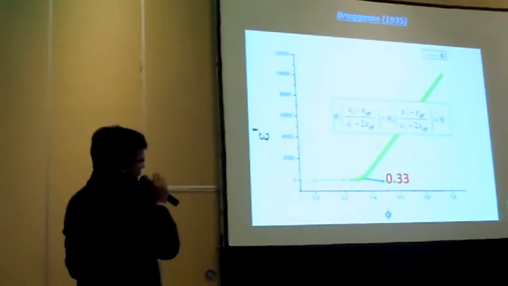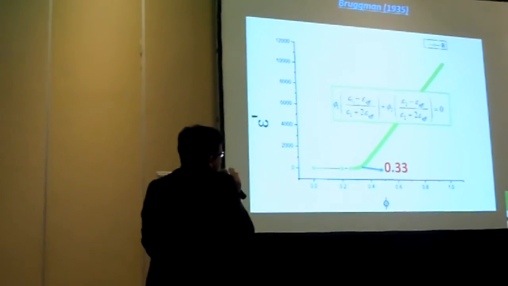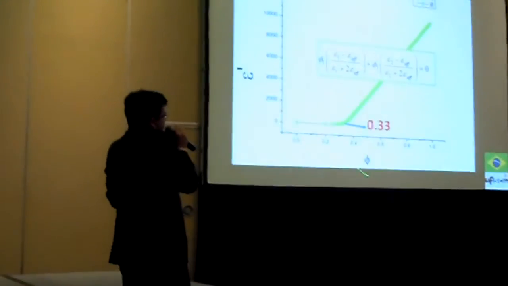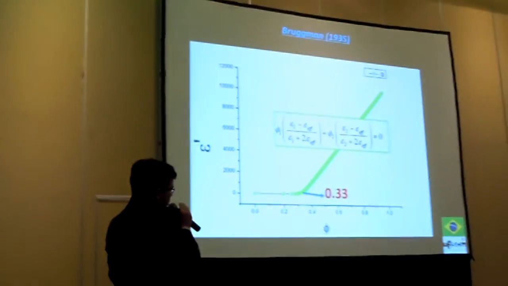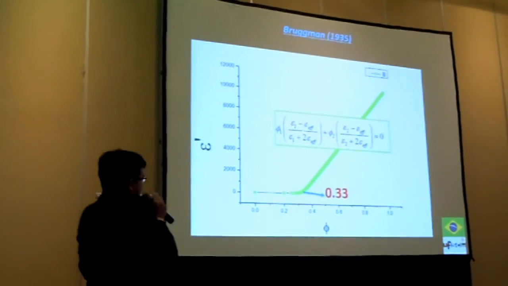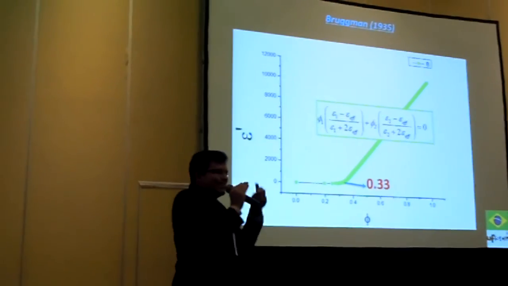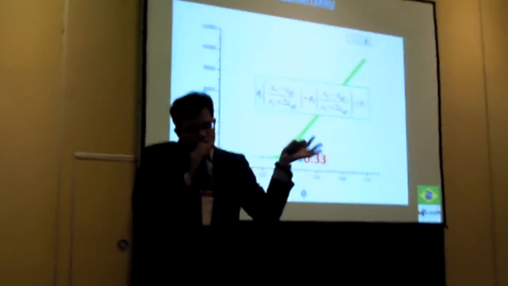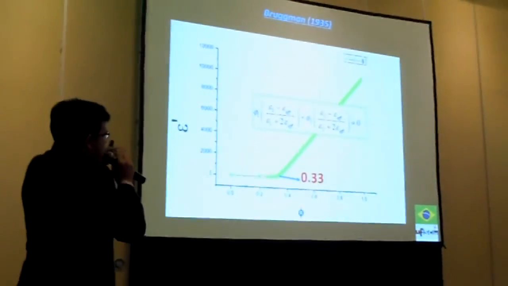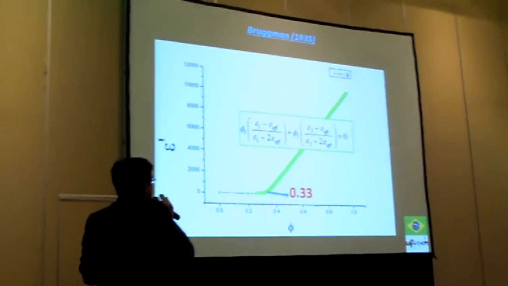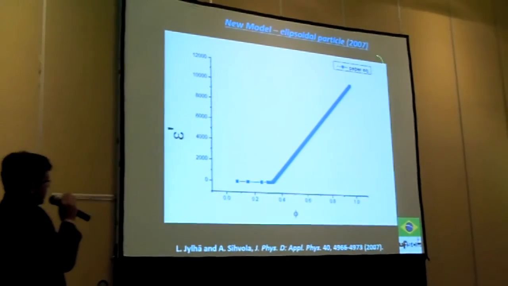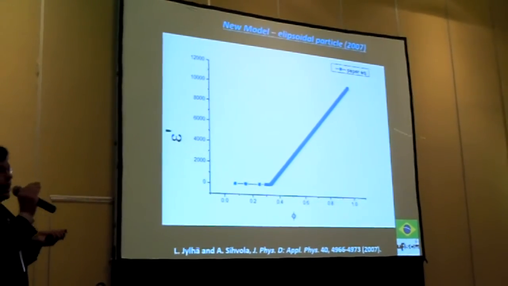Here we find, for our system and our values, a volumetric fraction of 0.33 to start to observe a change. It's a value that we can start to think is hard to process too, but we can start to think about how to do that. So we found a paper whose author calls it a new model.